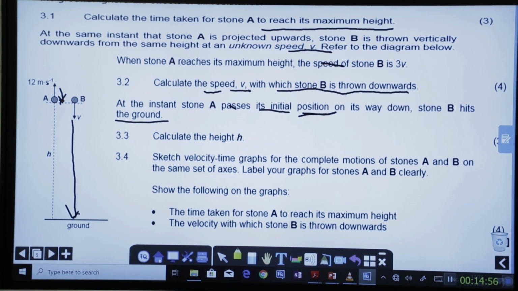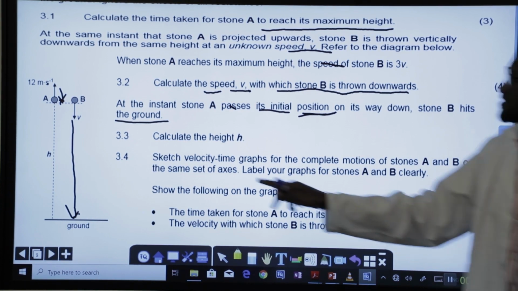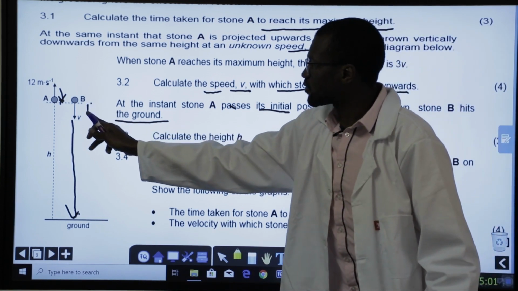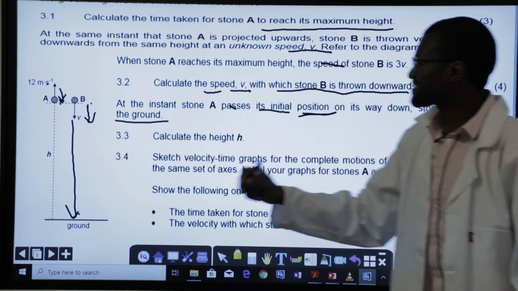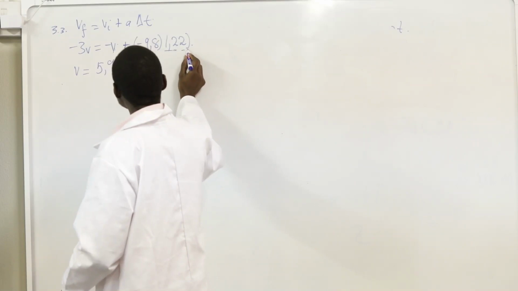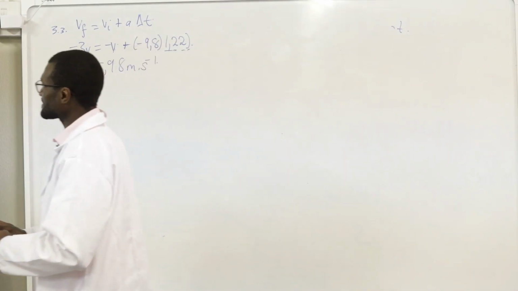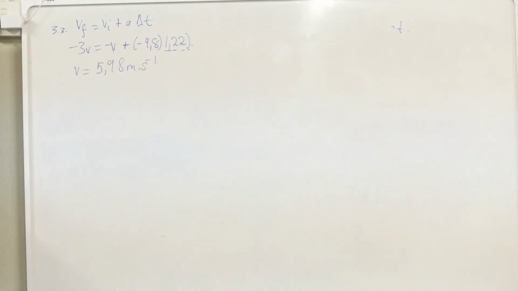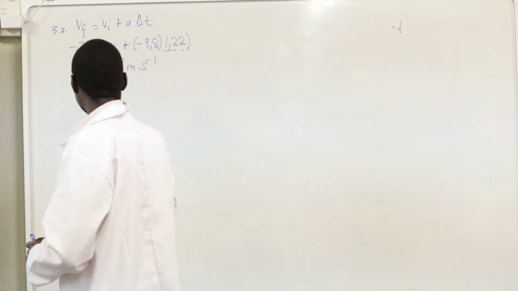What is common at the point where B is being thrown towards the ground is the time. We know that it's at the time 1,22, right, that stone B is thrown to the ground.